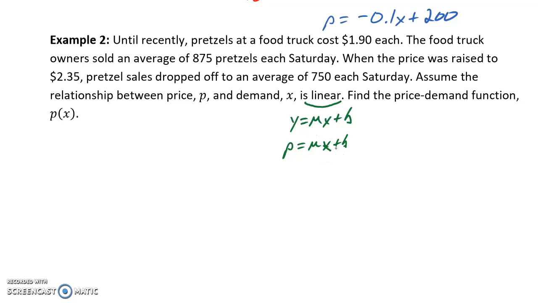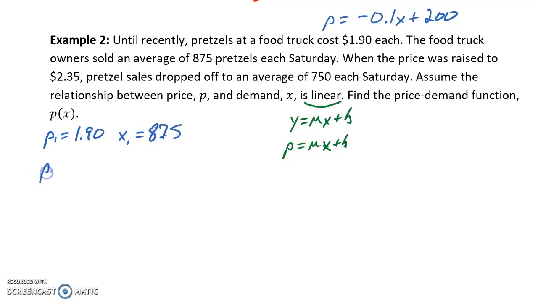So then we need to take a look at the information that we're actually given in the problem. In this case, we have two different price points P, and then two different demand levels, or two different levels of product that we moved. So at our first price point, P1, which was $1.90, they sold on average 875 pretzels.